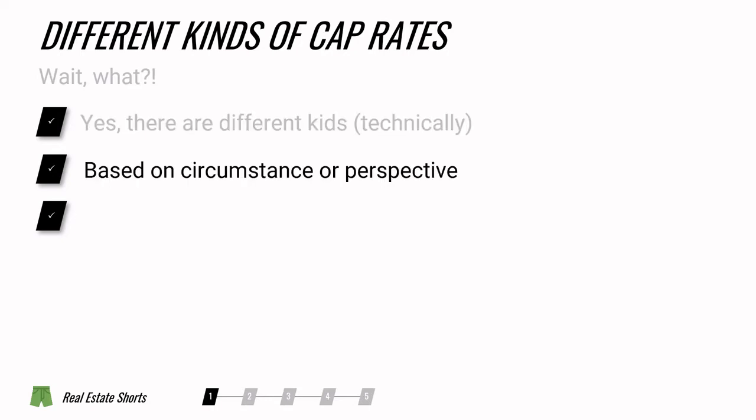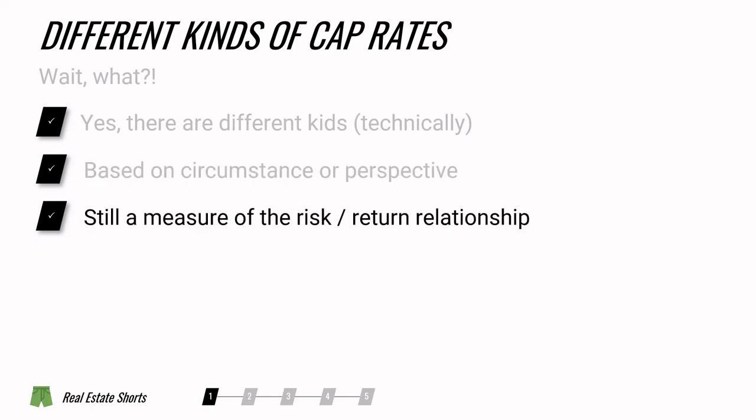So circumstance or perspective is going to be an important distinction when we begin to describe each one of these cap rates. But make no mistake, even though they may have a different application, circumstance or perspective, they are all measures of the relationship between risk and return. So that underlying definition of cap rate still holds true. All we're going to do is apply a different kind of perspective as we move through it.